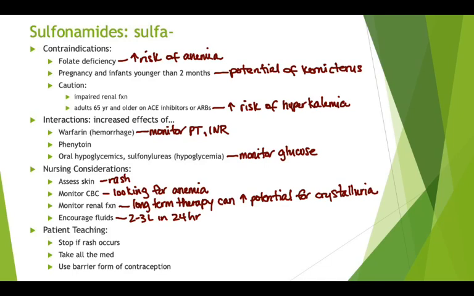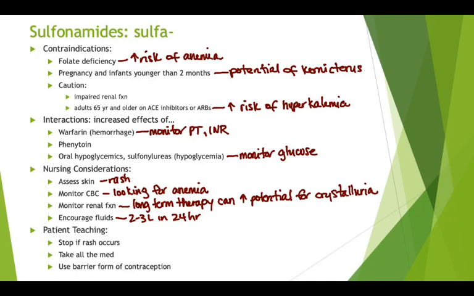You're going to monitor their CBC and their renal function, especially if they're on long-term therapy of this sulfa drug. They have a higher potential for crystalluria, and you want to encourage fluids. These patients should be taking anywhere between 2 and 3 liters of fluid in 24 hours. You want to be able to prevent those crystallizations.